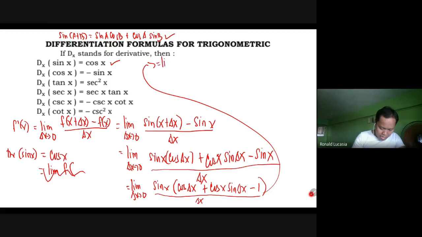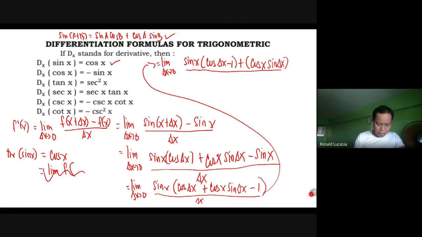And then we could rearrange the cosine delta x terms, plus cosine x sine delta x, minus 1. We get a relationship there: sine x times cosine delta x minus 1, combined, and then we also combine cosine x sine delta x, all over delta x.